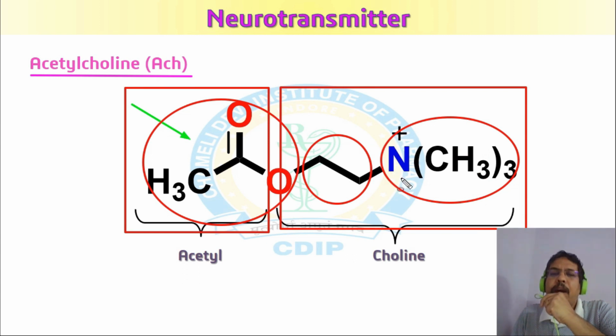So now, after knowing the structure of acetylcholine, the next thing which comes into the picture is what is the probable site of binding of this acetylcholine. Now we have much more information about the binding of acetylcholine with the receptor.